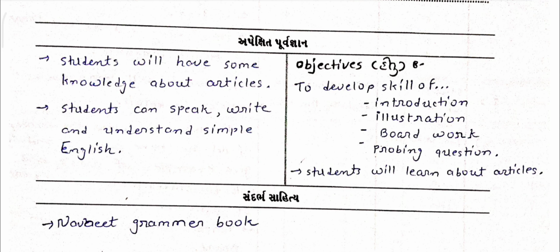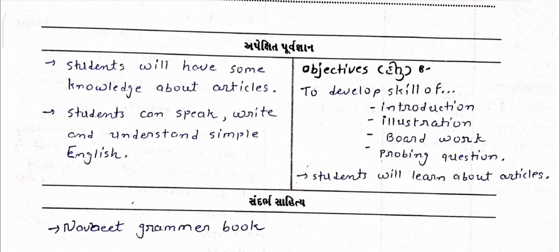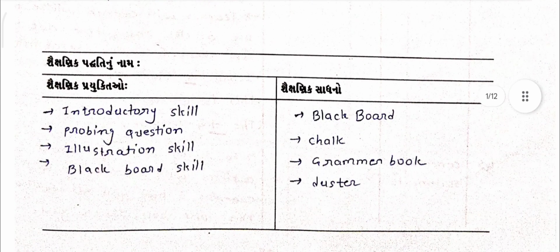In micro teaching we used only one skill at a time, but in a bridge lesson plan we have to cover all the skills in one lesson plan. As we discussed, I have used all the skills, and as teaching material I have used blackboard, chalk, grammar book and duster.